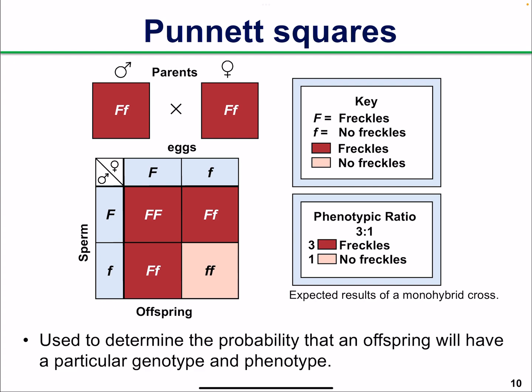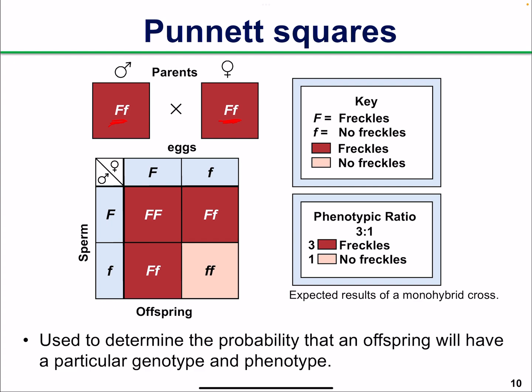All right. So in terms of a Punnett square, how do we come about predicting chances of having freckles or no freckles? Say we have two parents, a dad with freckles and a mom with freckles. Now, here is what we know about mom and dad. We know that dad is heterozygous, so capital F, lowercase f. Mom is heterozygous, capital F, lowercase f.